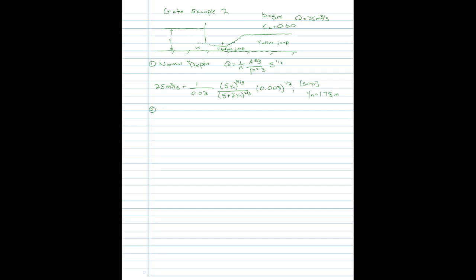Second step here is to find the critical depth. And we know in a rectangular channel the critical depth can be calculated relatively easily. So we've got q equals 5 meters squared per second, since it's 25 cubic meters per second and a 5 meter wide channel.